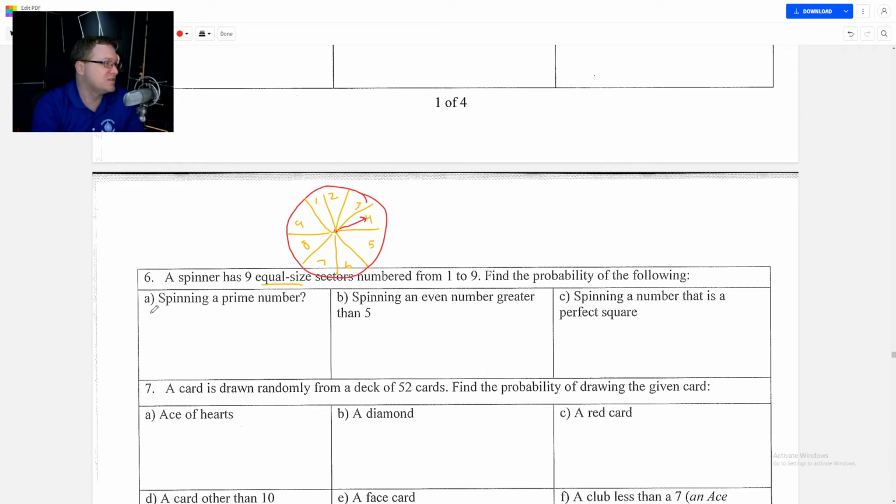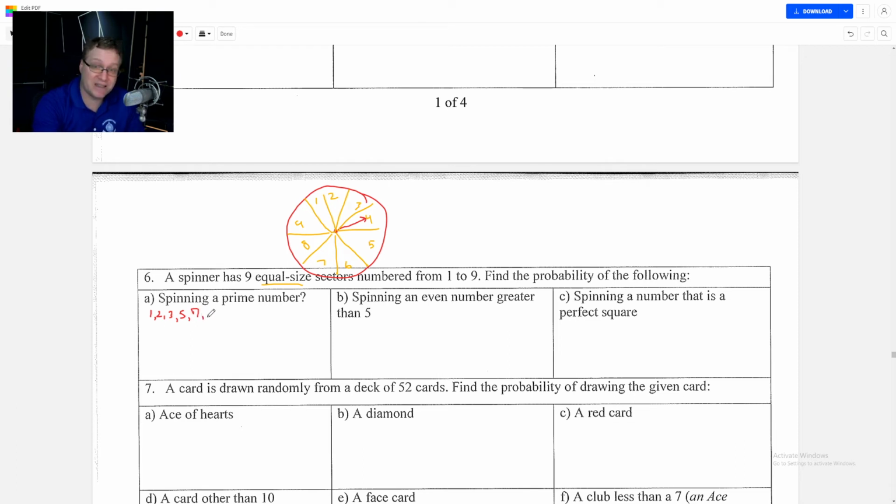All right, so for example, 1 is a prime number because 1 is only divisible by 1. All right, 2 is a prime number because 2 is only divisible by 1 and 2. 3 is a prime number because you can only divide it by 1 and 3. 4 is not because you can divide it by 2. 5 is a prime number. 6 is not a prime number. 7 is a prime number.